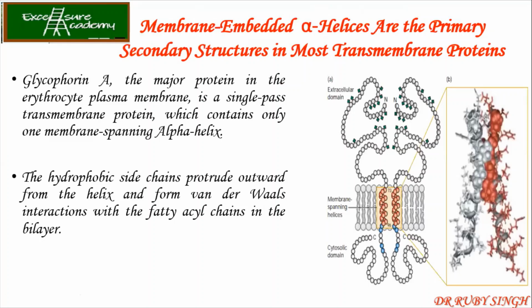Now, these are a few examples. The first example we are going to discuss is glycophorin A. Have you heard of glycophorin A somewhere else? It is a very important protein actually. Yes, it is an integral protein, present in the RBC.